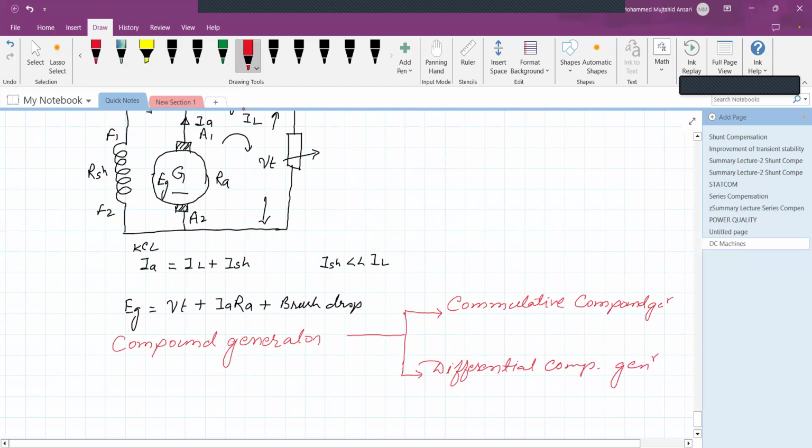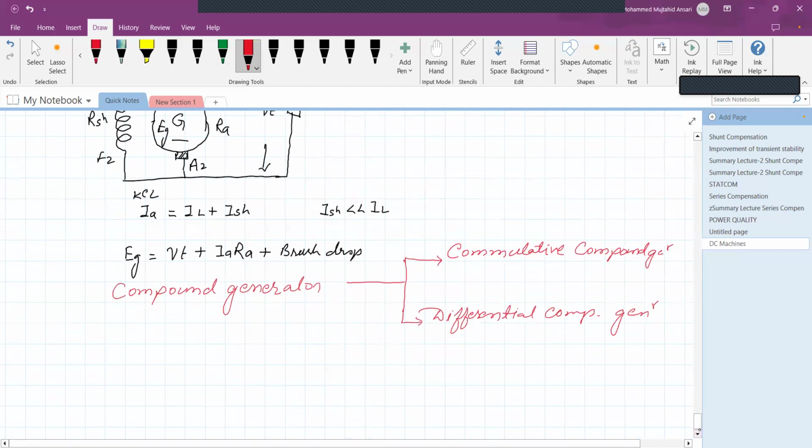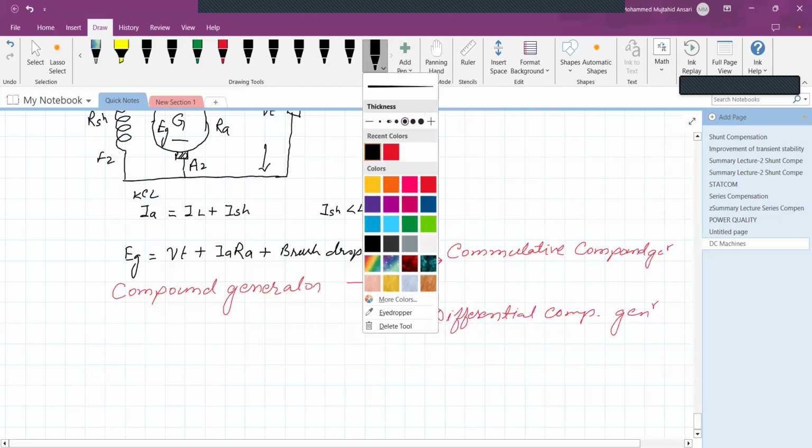So what is the meaning? First, we will draw the diagram, and from the diagram, we will proceed toward the concept of the compound generator, isn't it?